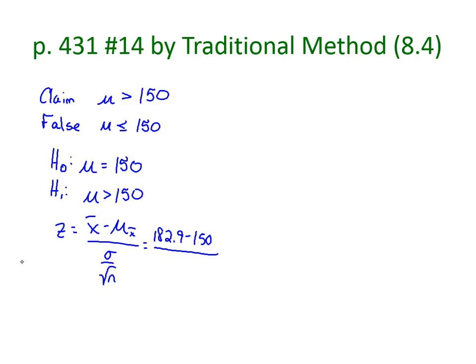Population standard deviation was given to us as 121.8, and we had a sample size of 54. Go ahead and find z using those. You should be getting 1.98.